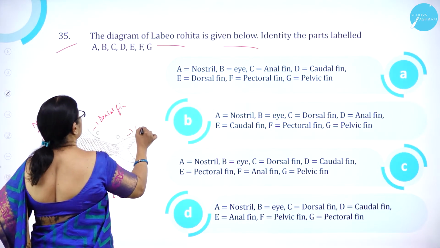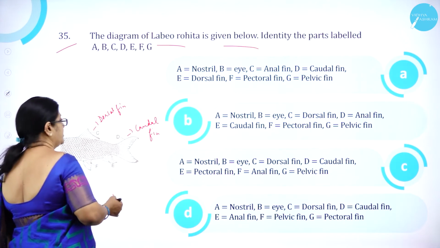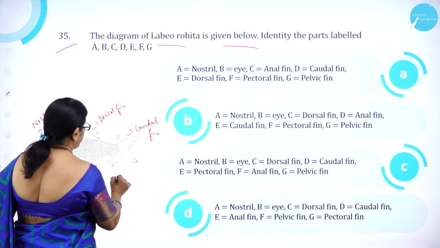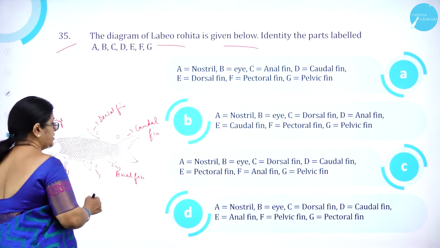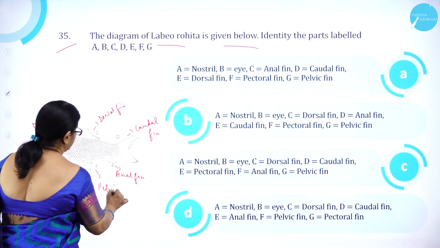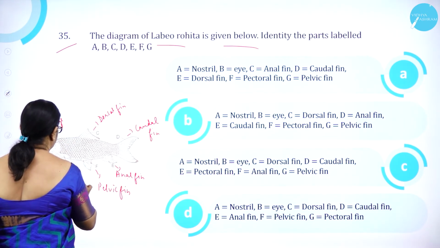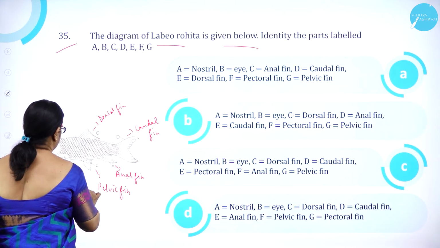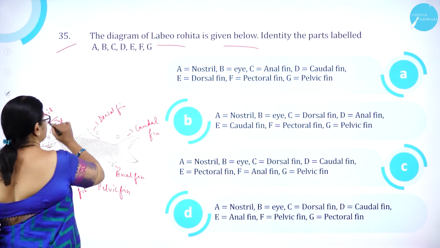D is caudal fin. E is anal fin. Then F is pelvic fin. Then G is pectoral fin.